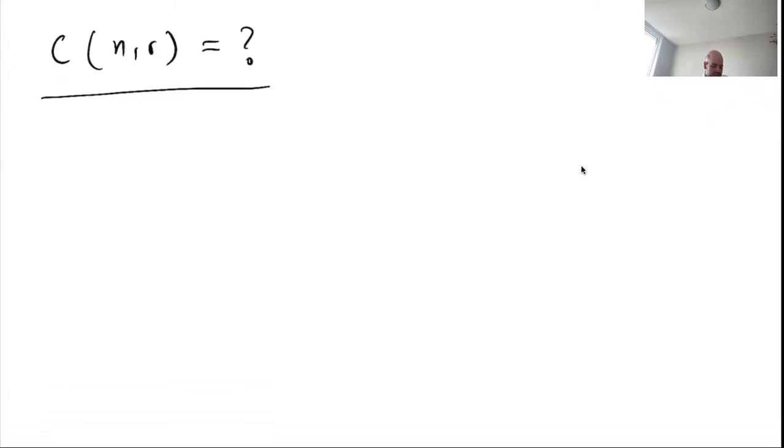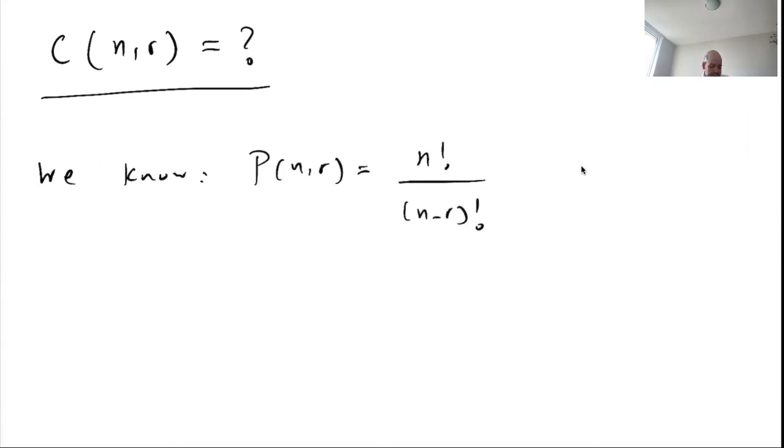Okay, so we know the formula for P(n,r), right? P(n,r) equals n factorial over (n minus r) factorial.